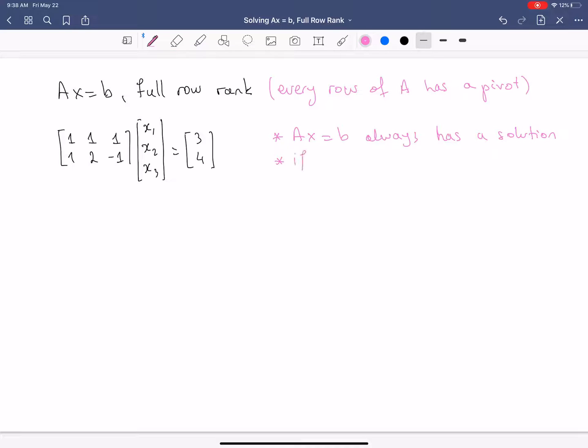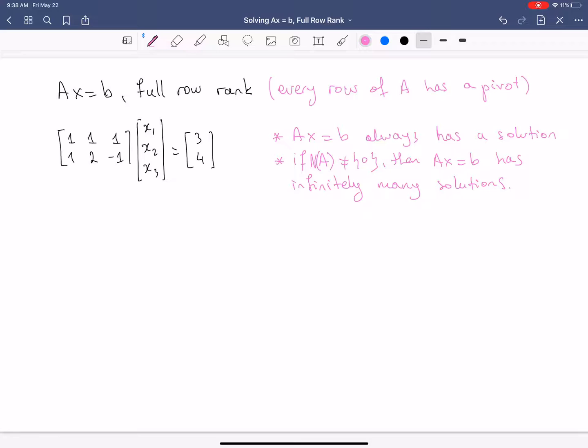So if the null space of A is not 0, so if it's more than 0, then Ax equals b has infinitely many solutions. Now, when would you have a unique solution in this case? Only when the matrix is square. If the matrix is not square, then you will have infinitely many solutions.